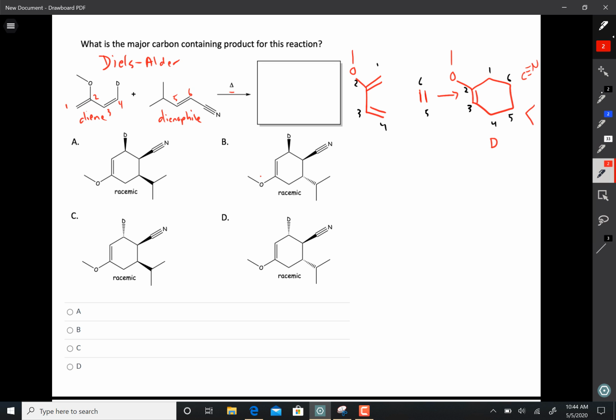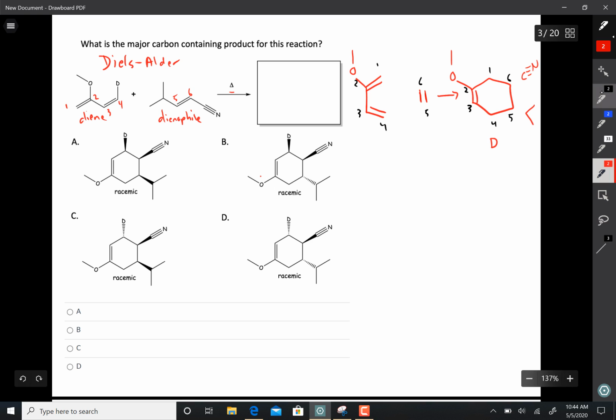Next thing we do, actually, is check to make sure the strongest electron donating group on the diene ends up either ortho or para to the electron withdrawing group on the dienophile.